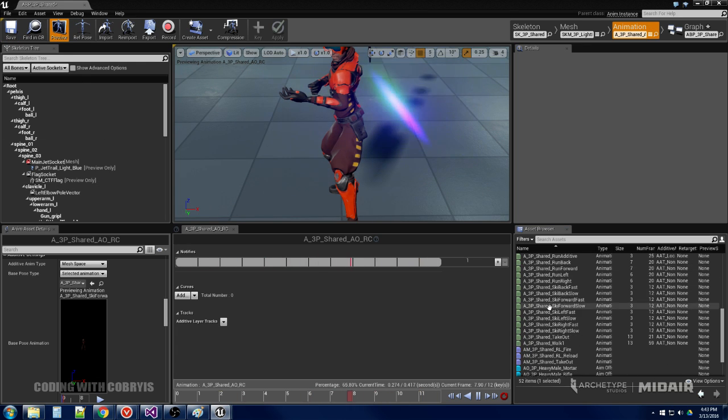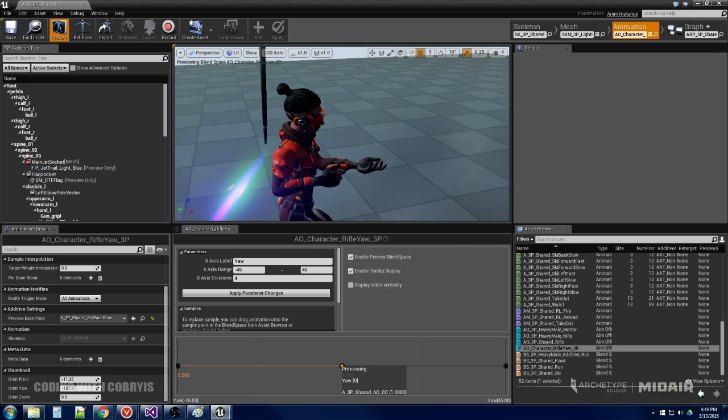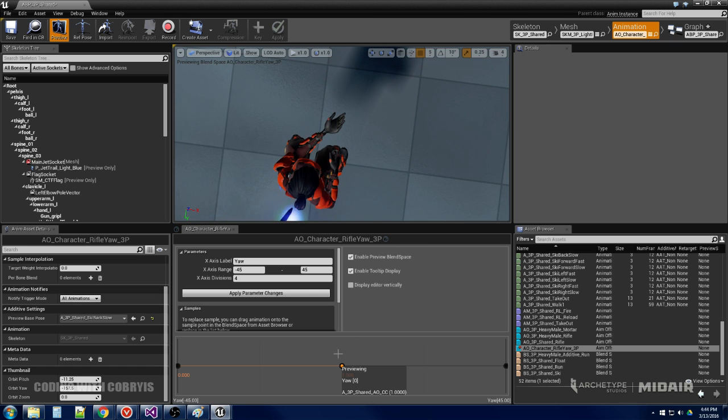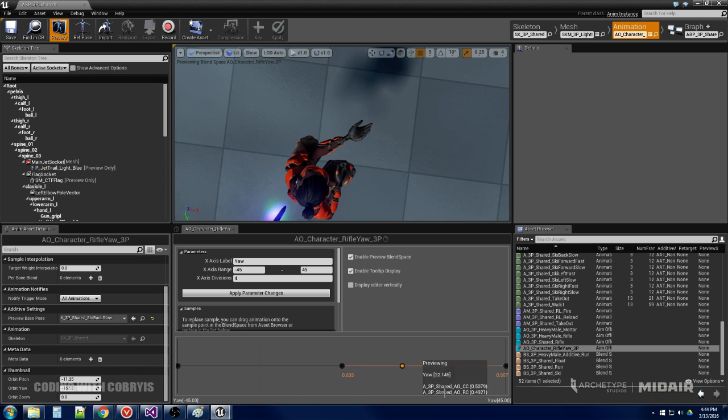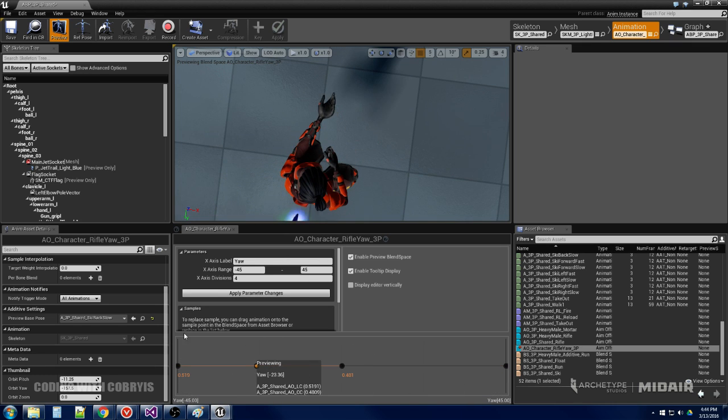Now let's take a look at what happened when I changed what the additive animation is based on. His feet shift weird, look at that. And it doesn't even give us what we want. It doesn't get him to look all the way to the left. In fact, he doesn't look even close to negative 45 degrees.